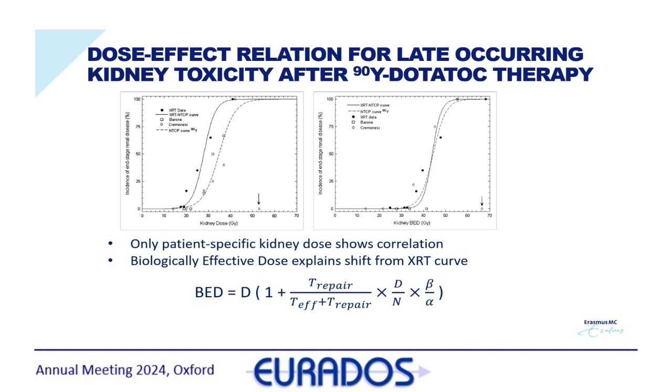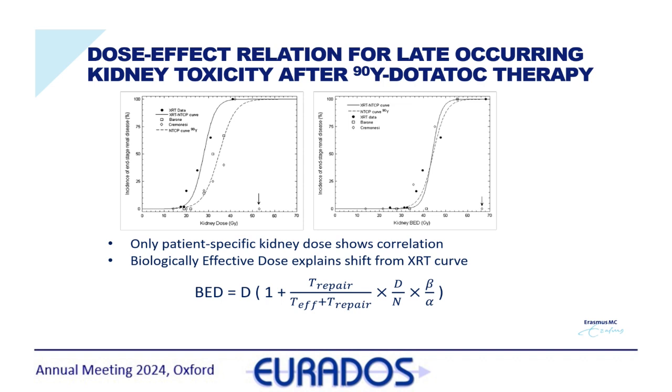After yttrium-90 DOTA-TOC, they found a curve which was slightly shifted from the curve that was known for external beam radiotherapy, and this shift could be explained by using the biological effective dose, which takes into account the linear quadratic model.